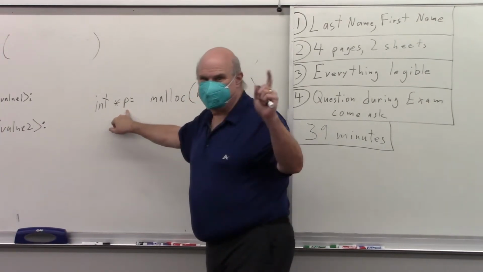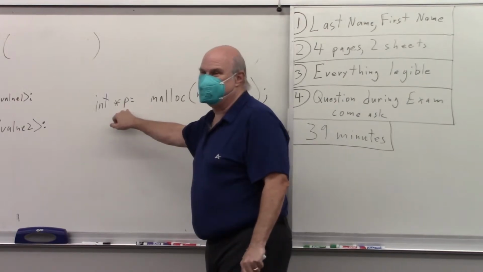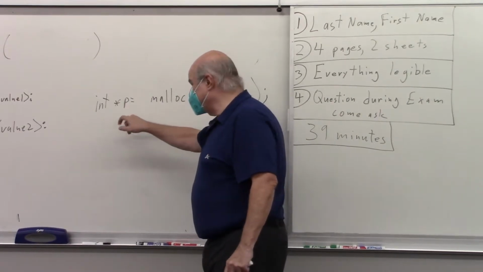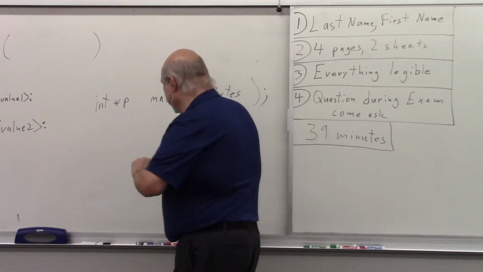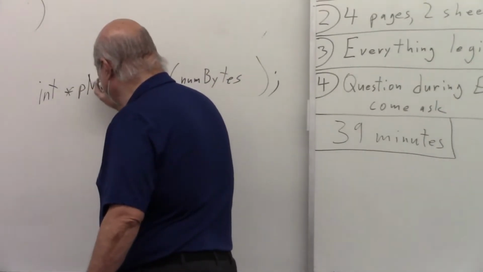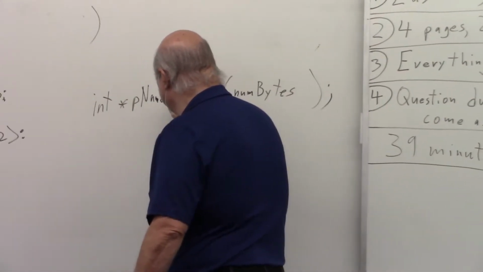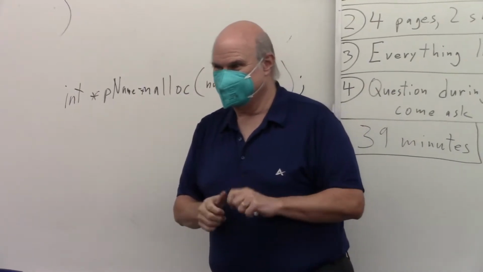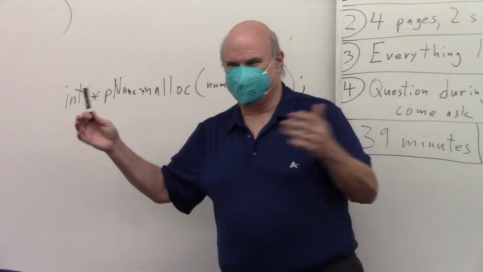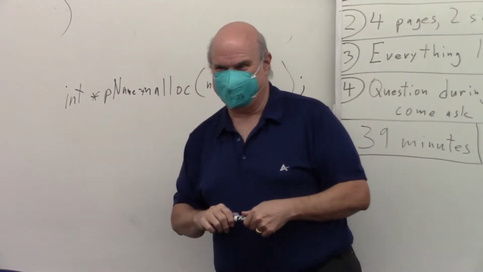P, like she asked, is a common convention. Because if it's followed consistently, anybody who sees p name will know it's a pointer to a name. But it's not required. I have to pick some name to use as examples.